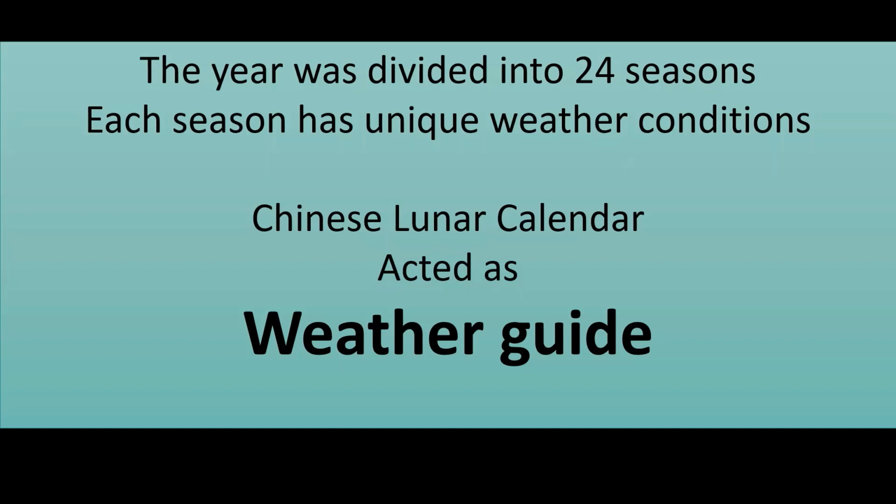It basically breaks the year into 24 different seasons sequentially, so that farmers understand how the rain and the wind and the soil change with time in a 12-month cycle, so they can farm accordingly to ensure the biggest harvest.